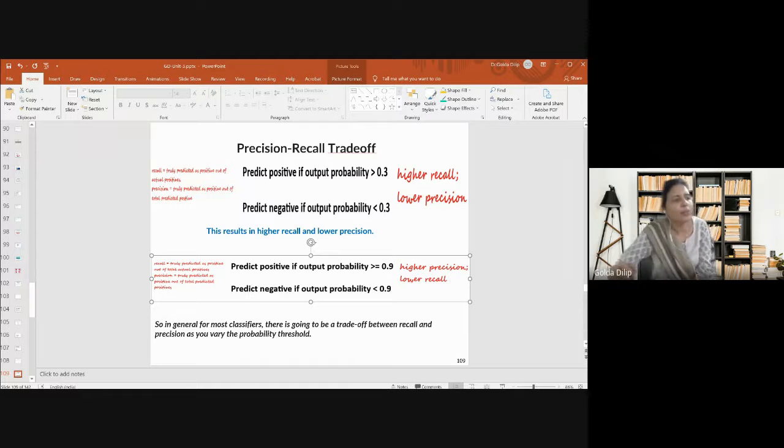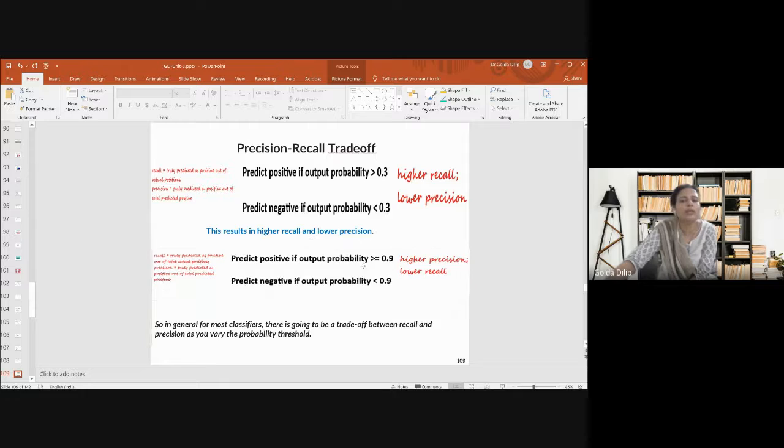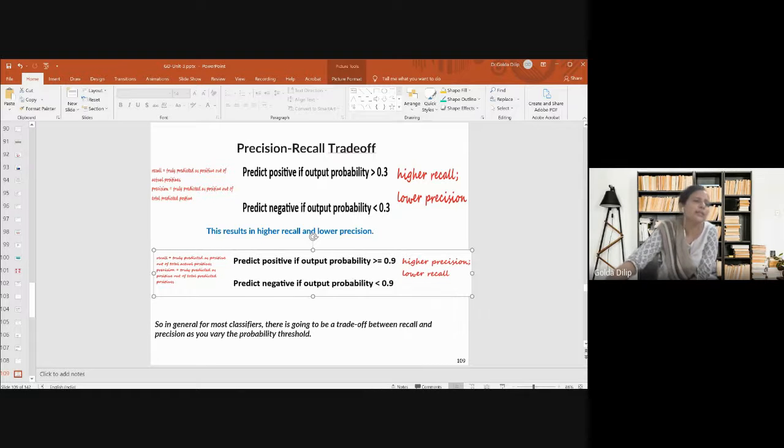So we set the probability threshold as 0.9. We classify the passenger as positive when the probability is greater than or equal to 0.9, otherwise it is negative. These are the two different situations.